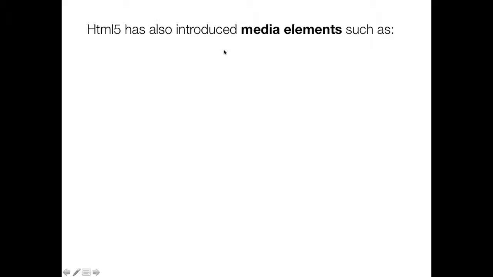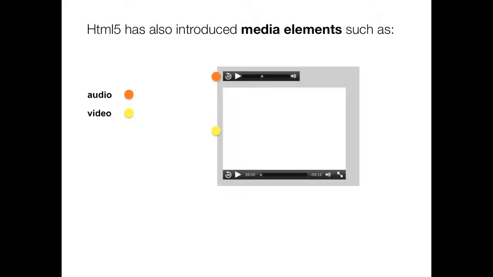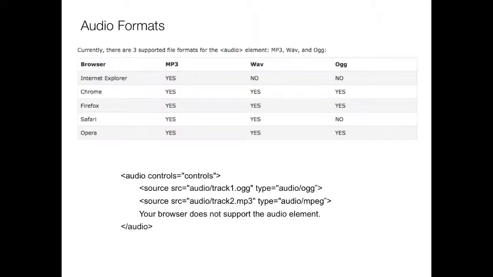HTML5 has also introduced media elements such as audio and video, and they appear as such. For example, perhaps this is Chrome and they appear slightly differently on Firefox and so on. The audio formats, currently there are 3 supported file formats for the audio element: the MP3, the WAV, and the OGG.